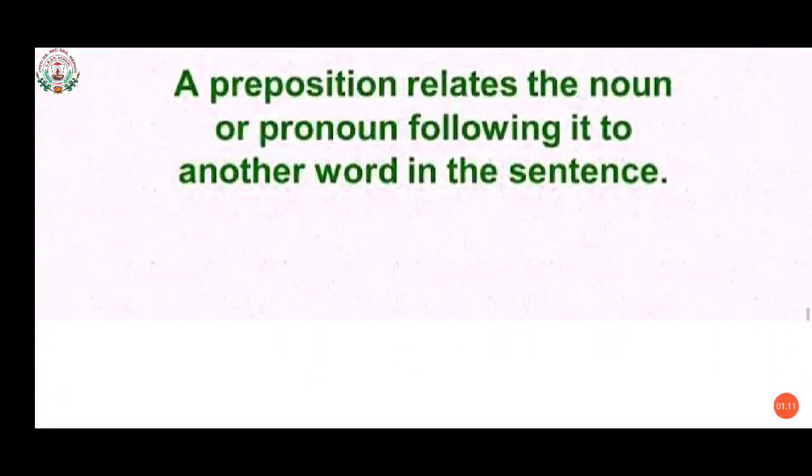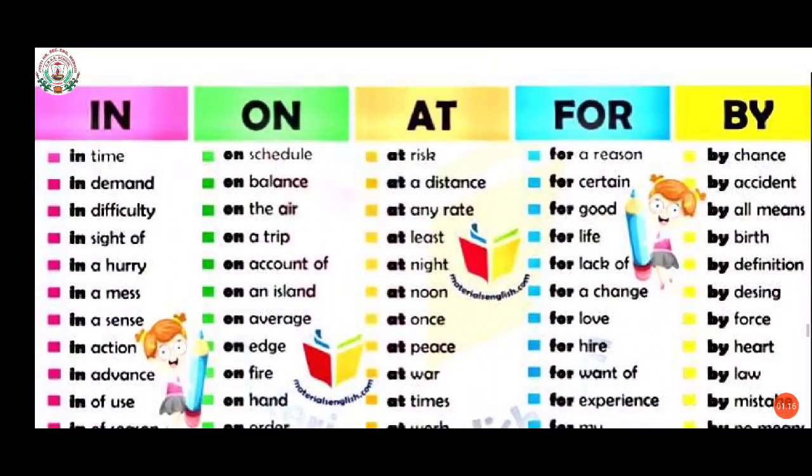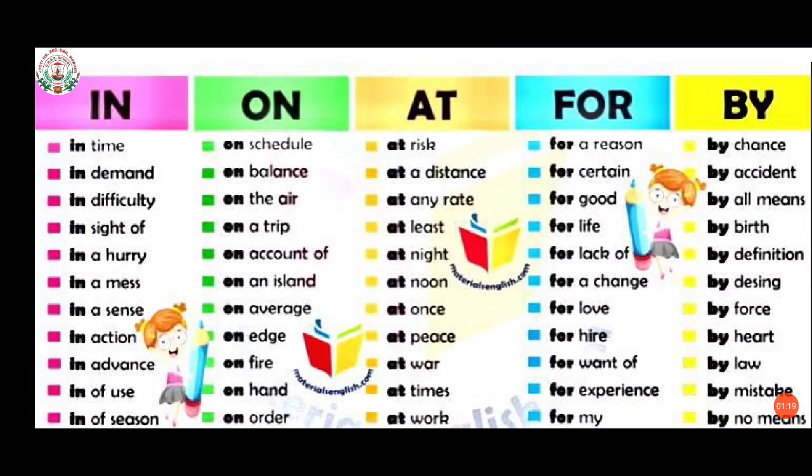First, see students, the words which we can use as prepositions are in, on, at, for, by. There are many other words that we are going to learn while doing the exercise. When we can use in, the examples are given here: in time, in demand, in difficulty, in sight of, in a hurry, in a mess.